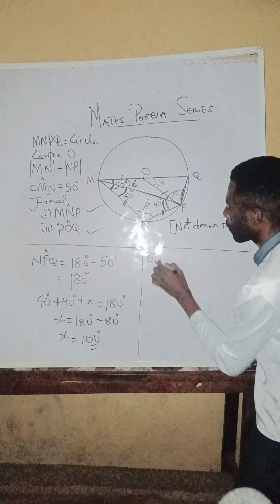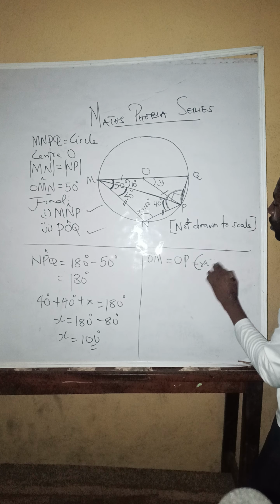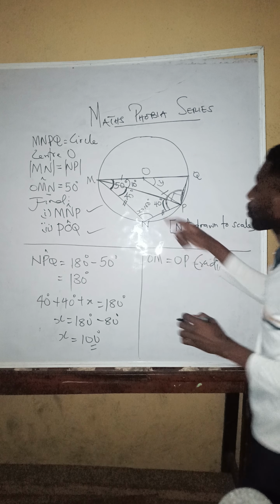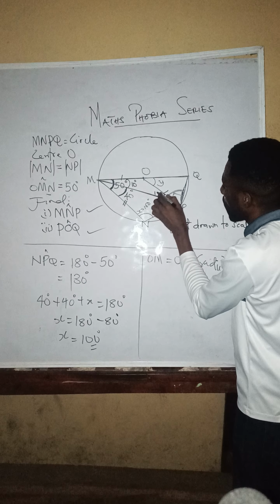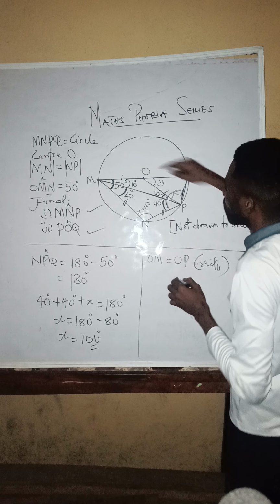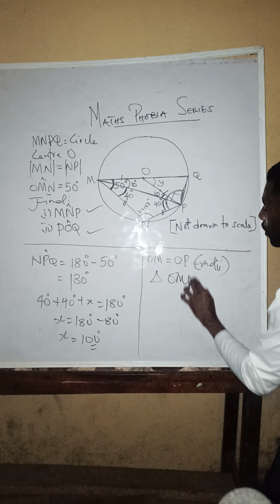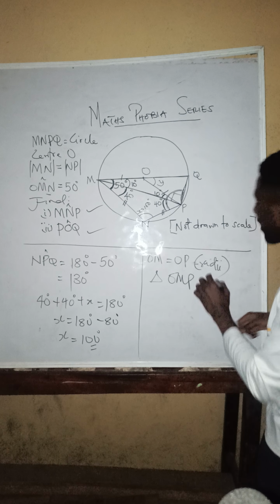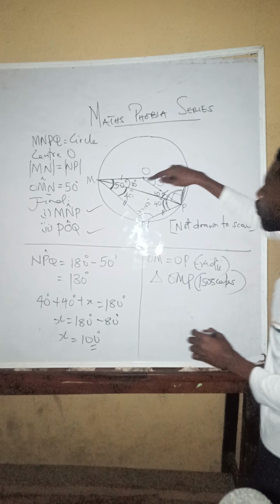OM is equal to OP, which is also a radius. What does that tell us? It means if here is 10, this small side will also be 10 degrees. So triangle OMP is also isosceles.